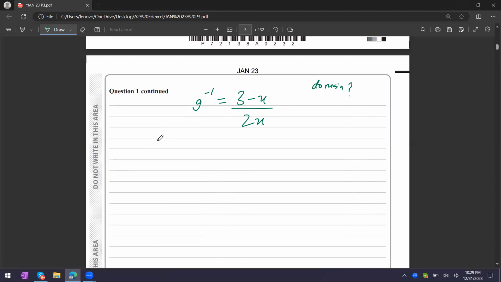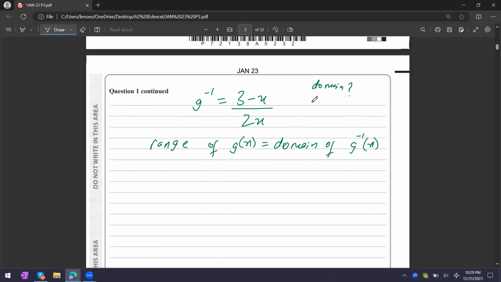There is a relation between a function and its inverse. Range of g of x is equal to domain of g inverse of x, because they are reflections of each other, they are opposite of each other.